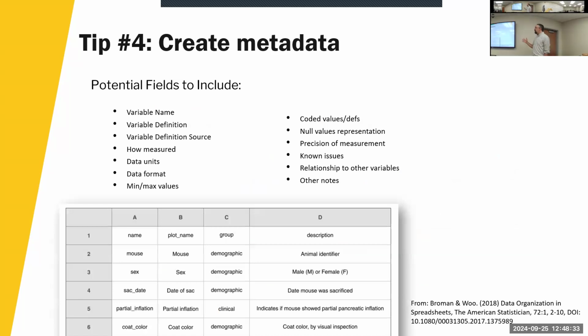So here's a list of many different kinds of fields that you could include in here, depending on what's relevant. So you might put in minimum, maximum values if there is a specific range that those values should fit. That way, if something falls outside of that range, it's sort of a signal that there's something weird going on.